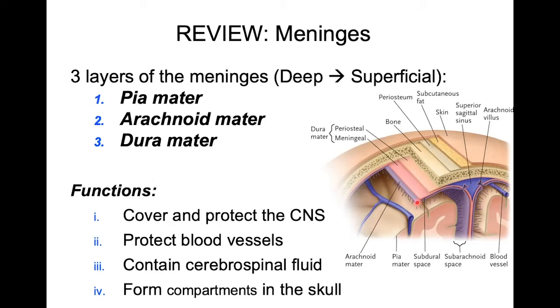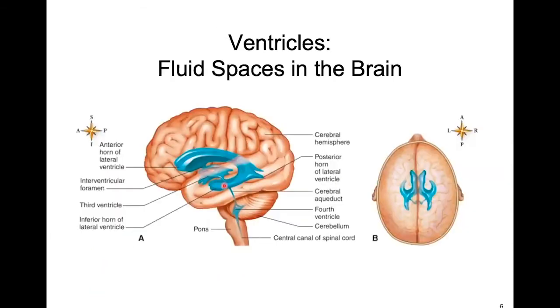Now, between the arachnoid mater and the pia mater, we have what's known as the subarachnoid space. And within the subarachnoid space, this is where our cerebral spinal fluid circulates to bathe the entire brain as well as spinal cord. And the regions where the cerebral spinal fluid is produced are within deeper regions of the brain, specifically within these chambers known as ventricles.